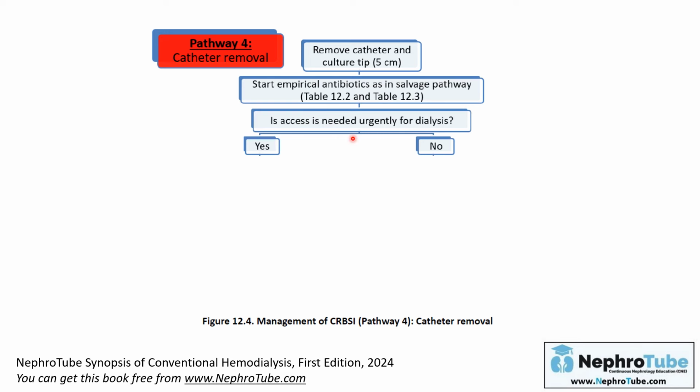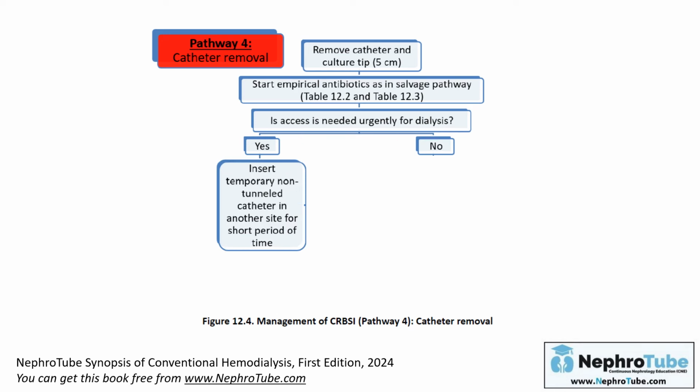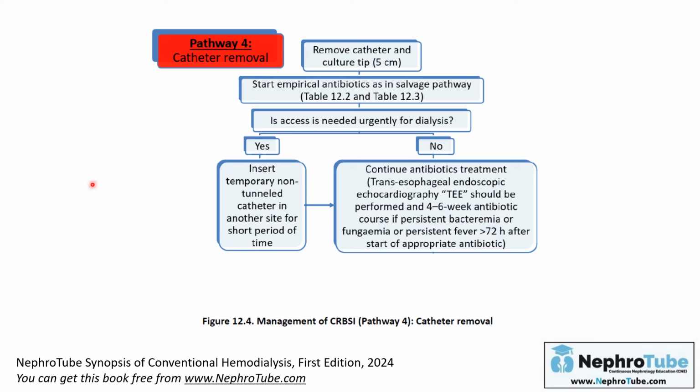And you will ask yourself, is the patient in need for urgent dialysis? If yes, please insert a temporary non-tunneled catheter in another site. After this, or if the patient is not in need for urgent dialysis, you have to continue antibiotics. And if the patient is still feverish after 72 hours, you have to obtain new cultures.